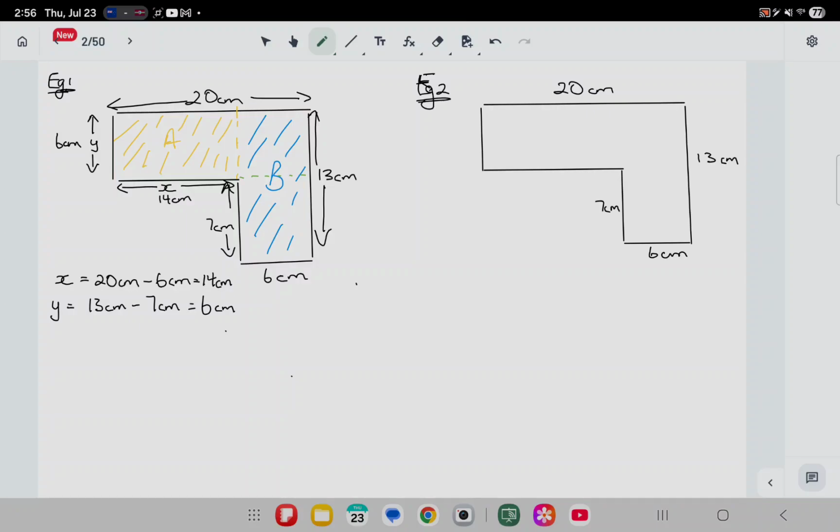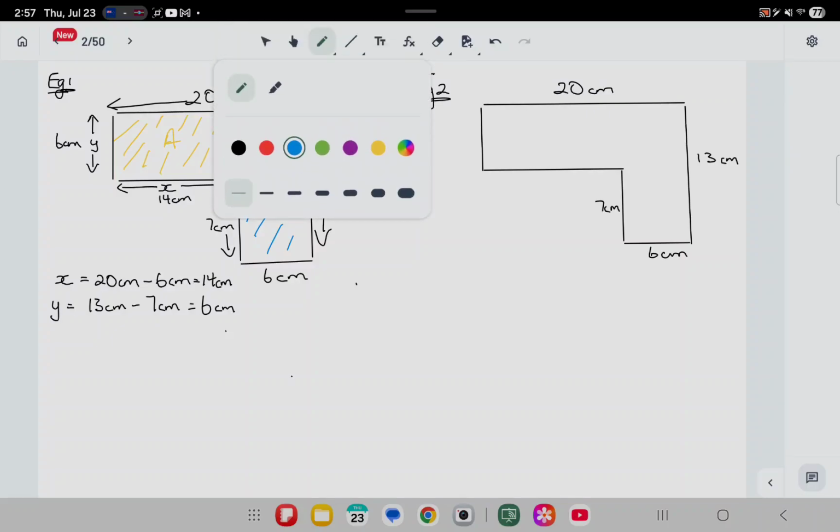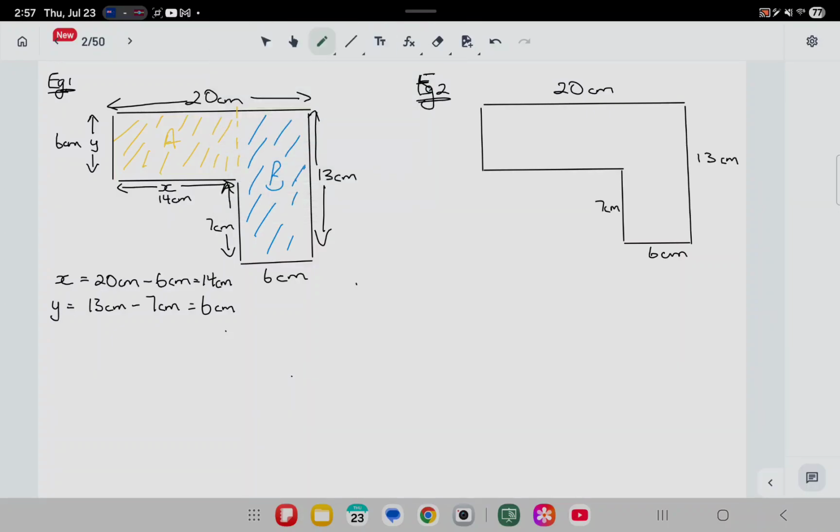Looking back at this now, we know the two shapes, and we know the sides of the two shapes. We know that A is a rectangle because we have the length and the width. So first we can find the area of A. The area of a rectangle is length multiplied by width.